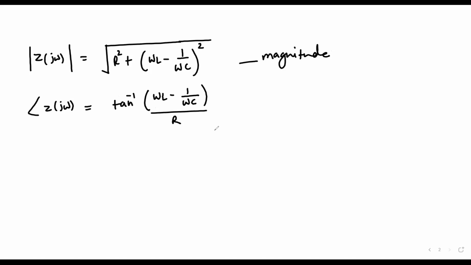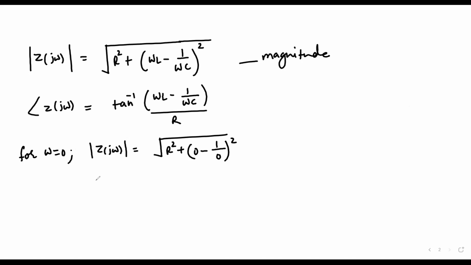Right. So we now can have several cases to plot the magnitude with respect to frequency and the phase with respect to frequency. For the first case, let's say omega is equal to 0. In that case, the magnitude of Z of j omega will take the form of the square root of R square plus omega L, omega is 0 now, so 0 minus 1 by 0, whole square, right? We can see what value it takes.